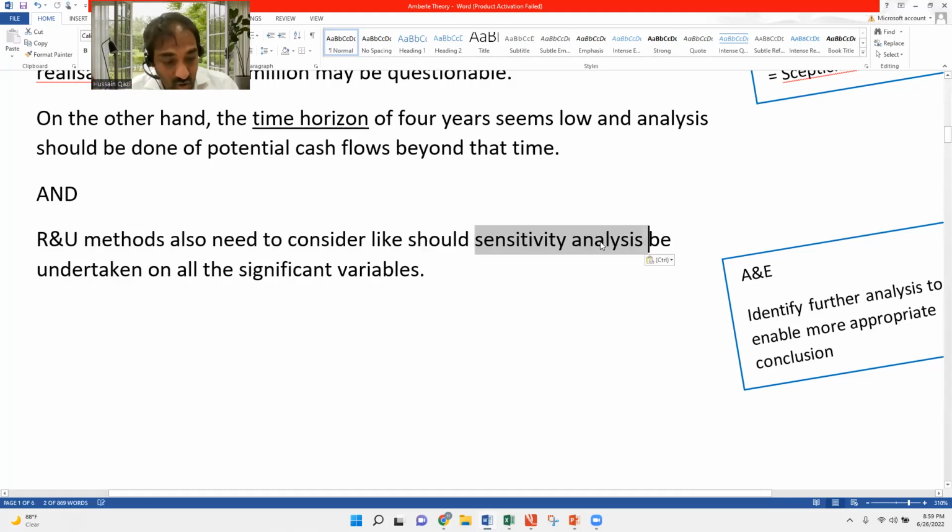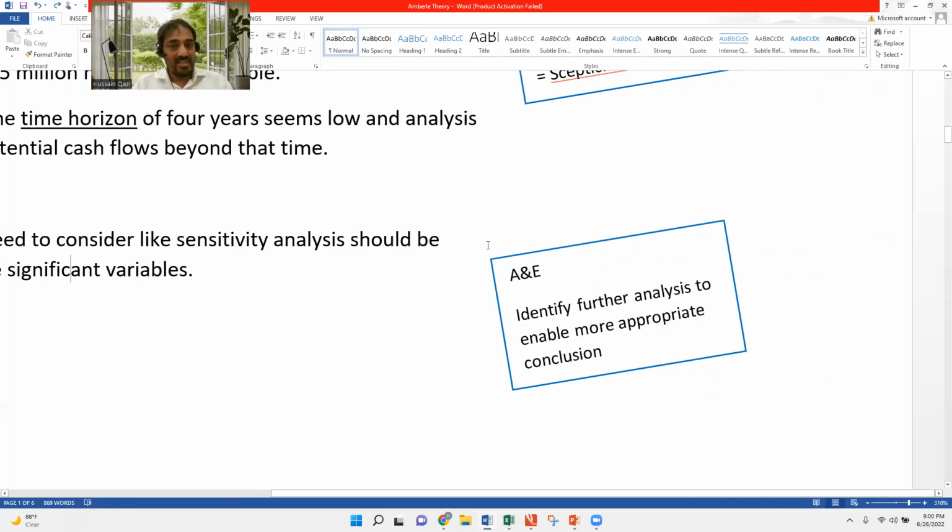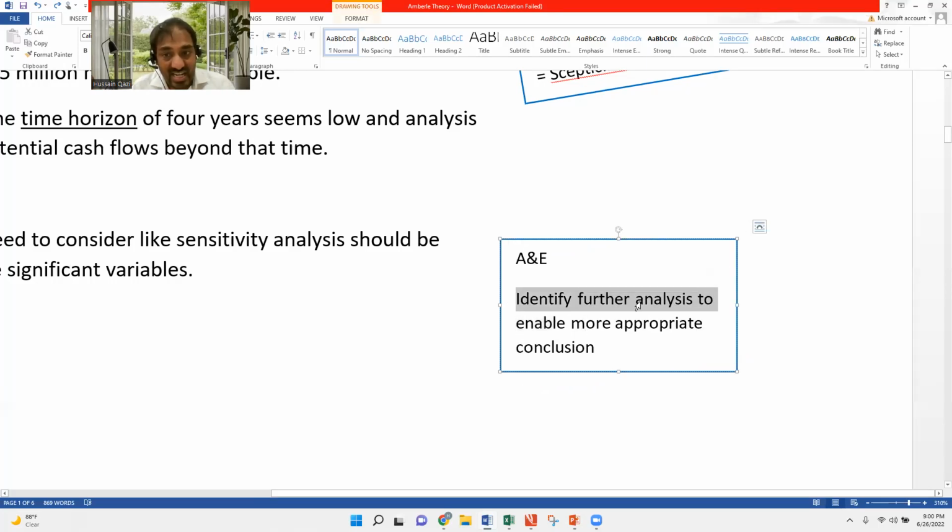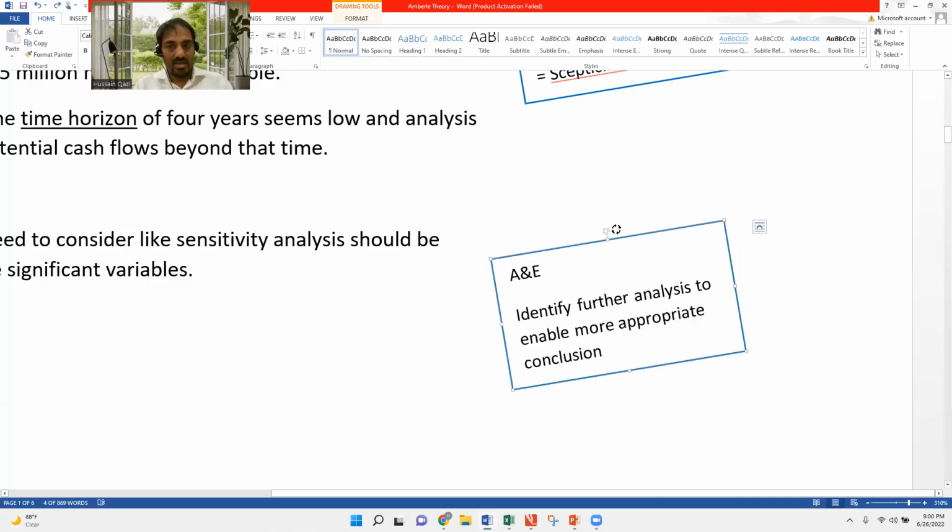These should be undertaken on all significant variables to identify more valuable information. This is once again the analysis and evaluation, identifying further analysis to enable a more appropriate conclusion. It means identifying some gaps: what else can we do? So your exam solution must be in this manner.